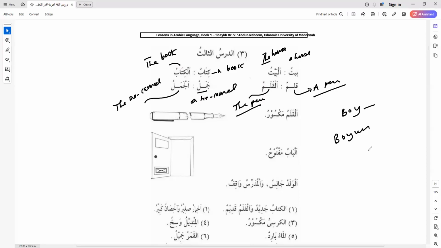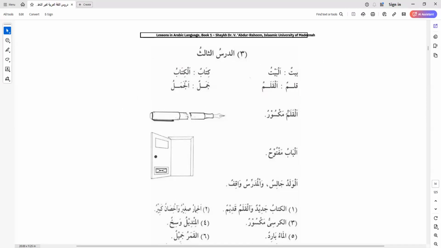And then you say al boyu. I'm just using it as an example. So I hope you understand. Anytime you see al attached to a noun, it makes the noun definite. It means we're talking about a particular noun. I hope it's clear here.